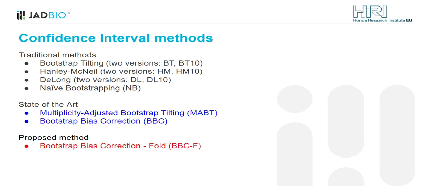In short, the methods we will be comparing against each other are traditional methods like the bootstrap tilting, Hanley-McNeil, DeLong, and naive bootstrapping. Two state-of-the-art methods, which are the multiplicity-adjusted bootstrap tilting and our own bootstrap bias correction, and our new proposed method, the novel method we propose in this paper, which is the fold version of the bootstrap bias correction method.